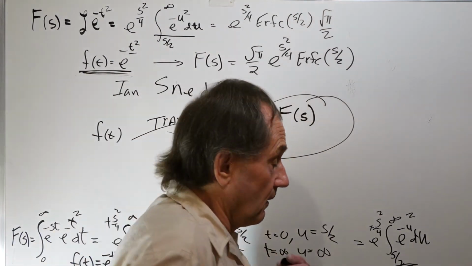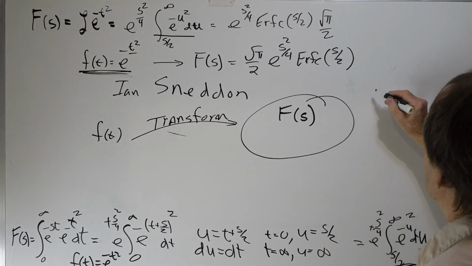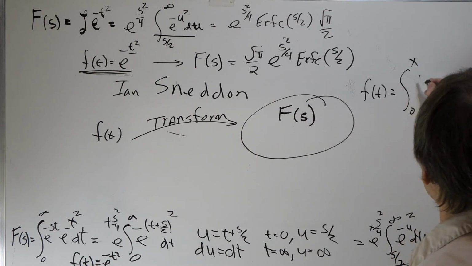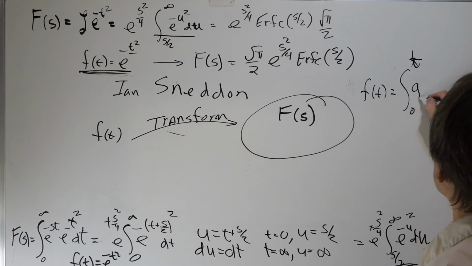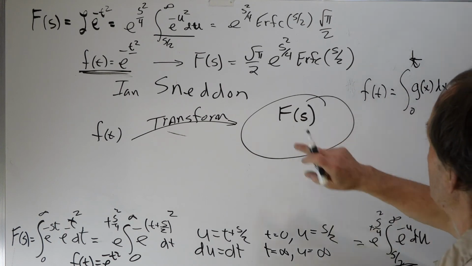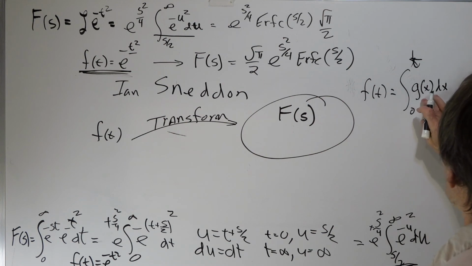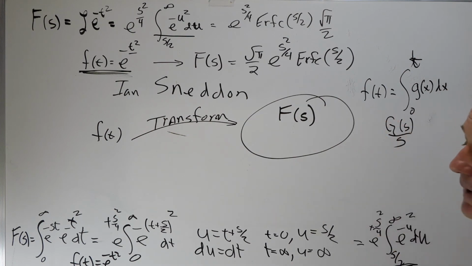Now, an interesting property of Laplace transforms, remember, is that if f of t is an integral from 0 to t of some, say, g of x dx, where x is just a dummy variable, then in the transform space, the transform function is just capital G of s, and we divide by s because we have an integral.